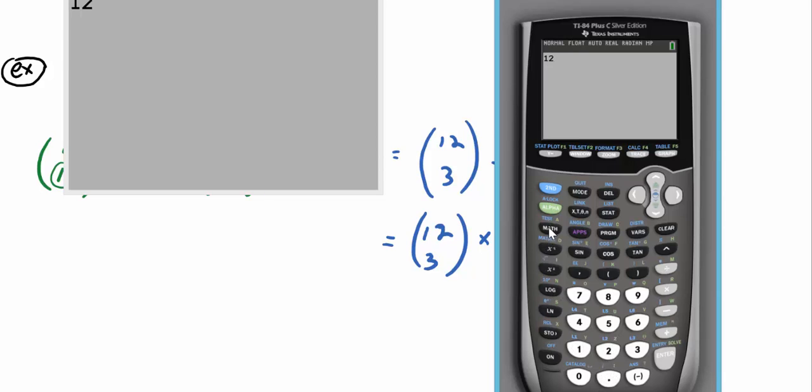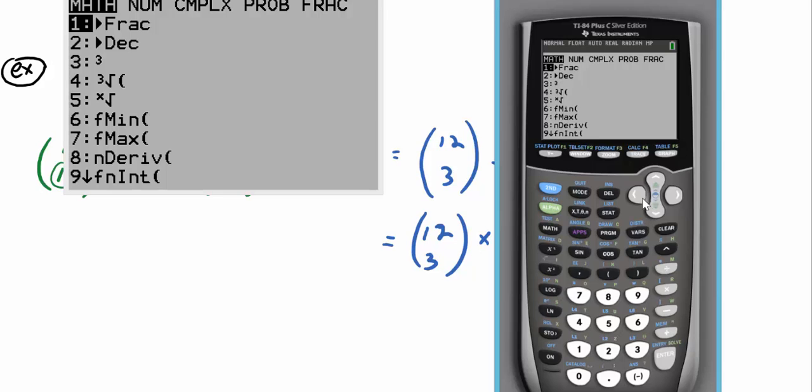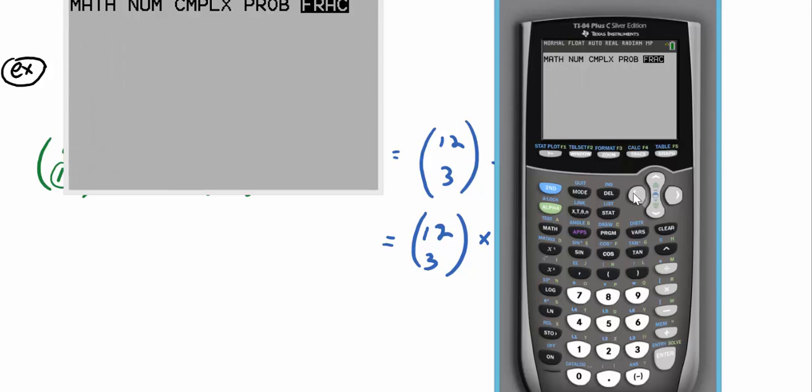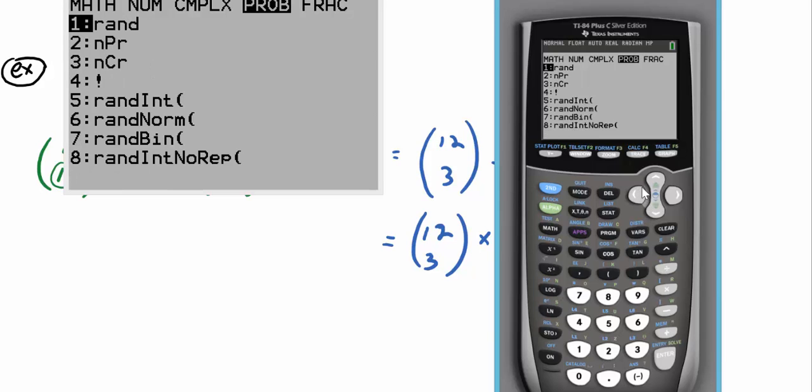Go to the math menu, and then go over to PRB because this notation comes up a lot in probability. So PRB for probability. And you see the nCr? That's another notation used for n choose k, or the way your calculator denotes it, n choose r.